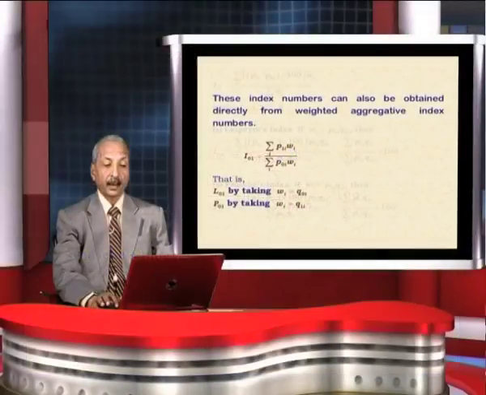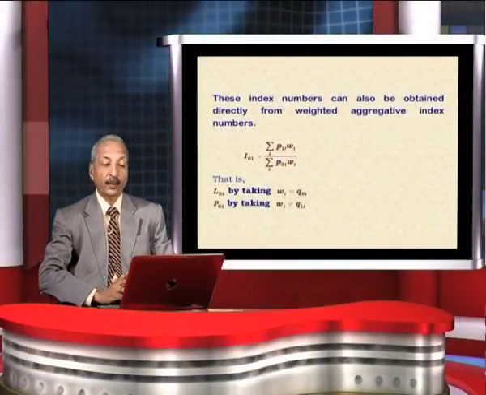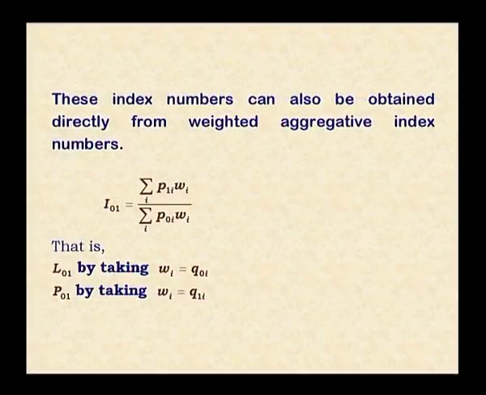These index numbers can also be obtained directly from the weighted aggregative index number. The weighted aggregative index number is denoted by I01 equals sigma P1i times Wi divided by sigma P0i times Wi.